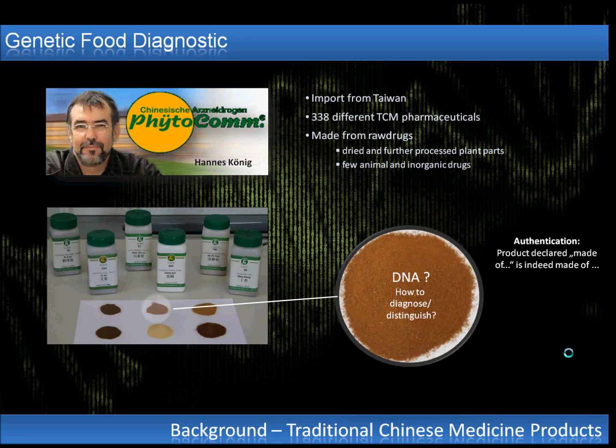Each of these products has a name and should be made from a specific plant according to traditional Chinese medicine, and so we are trying to prove with the DNA that the specific plant is inside or has been used to produce these granules.